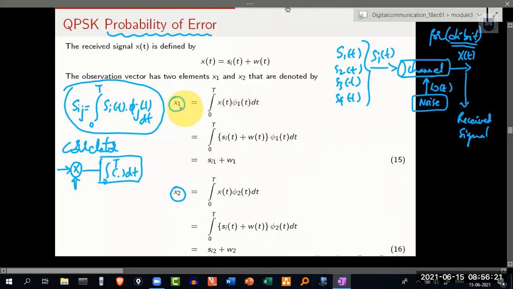In order to extract x1, we'll make use of this integration of the product, where we know that x of t can be expanded as Si of t plus W of t. When I multiply by phi1 of t and integrate, I'll be getting Si1 and W1. Likewise, here I'll be getting Si2 plus W2.